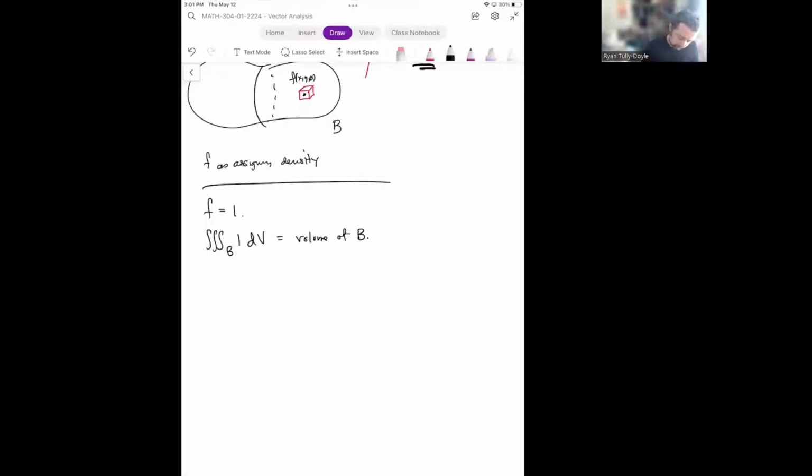So as an example of how triple integrals get used, imagine that we have a solid W, obtained, so you bound it with a hemisphere, x squared plus y squared plus z squared is equal to 4, where z is less than or equal to 0.